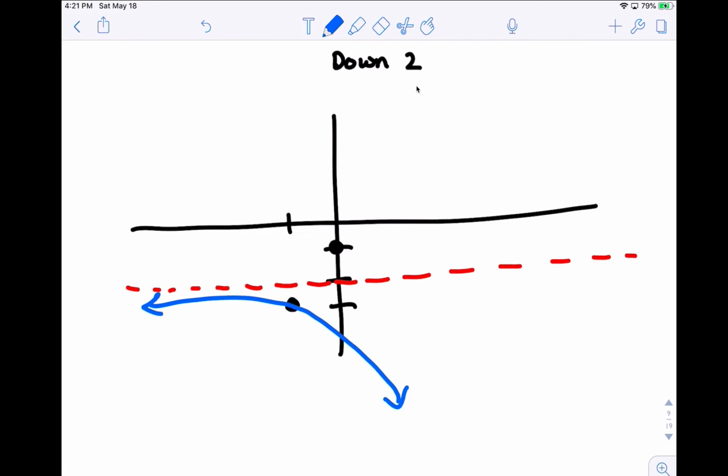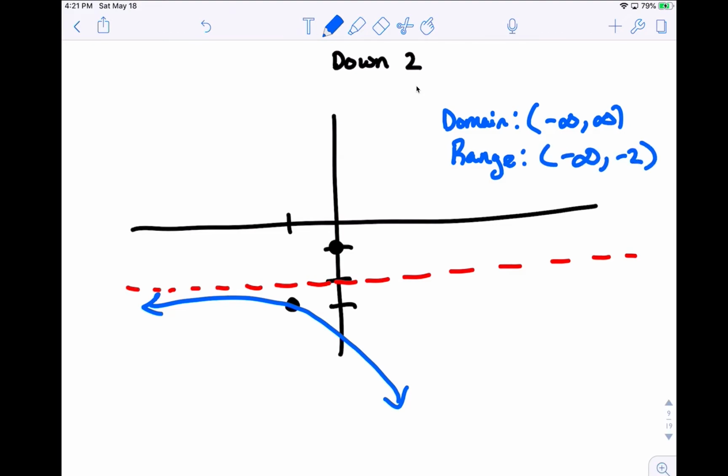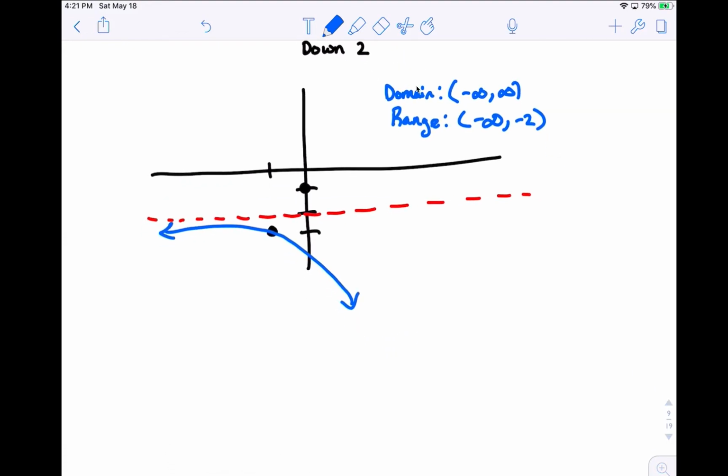Okay, so the domain is all real numbers, and then the range is going to be negative infinity to negative 2. All right, now the x-intercept, that's when we're going to set my equation equal to 0.